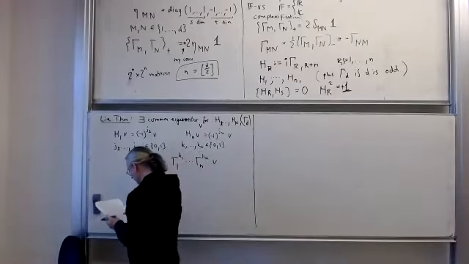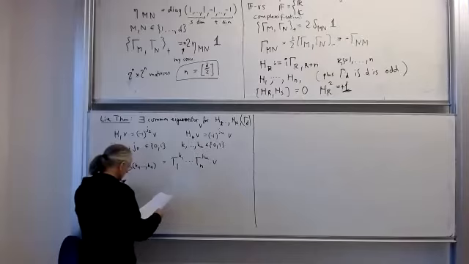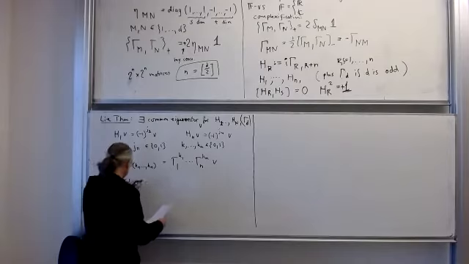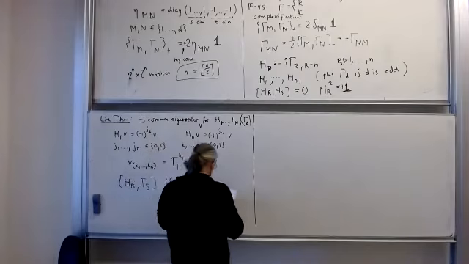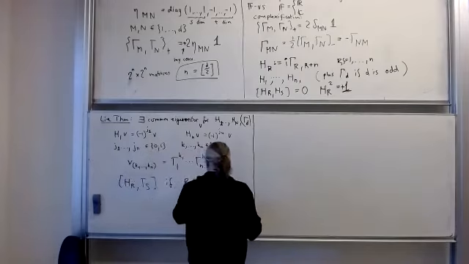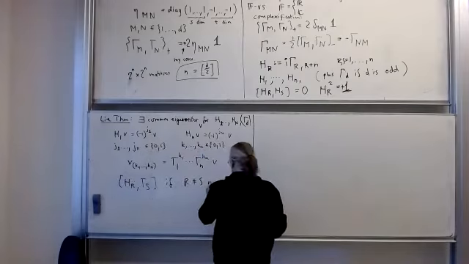Now it's also a simple exercise to prove that H_R with gamma_S commute if R is not S mod n.